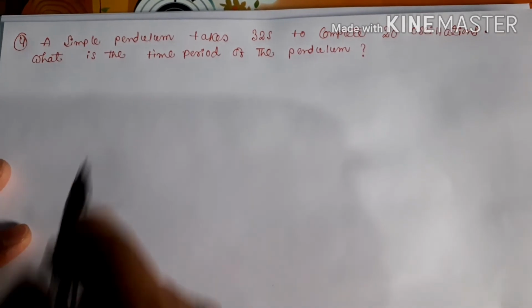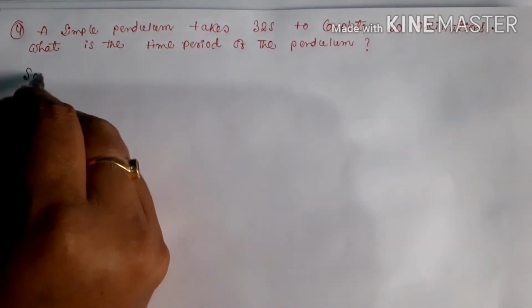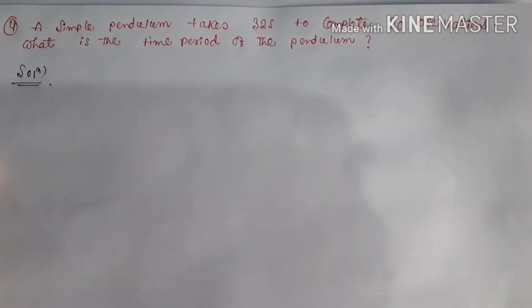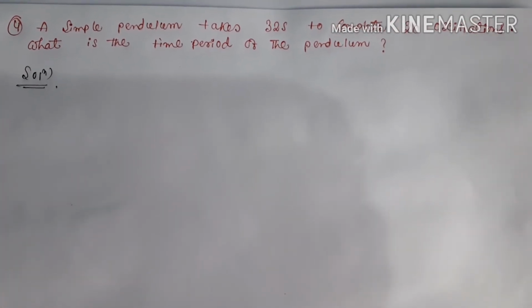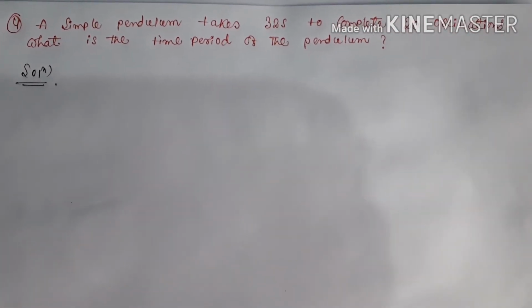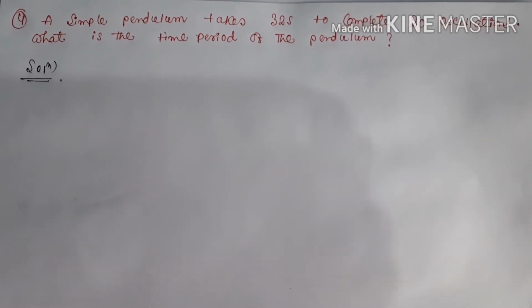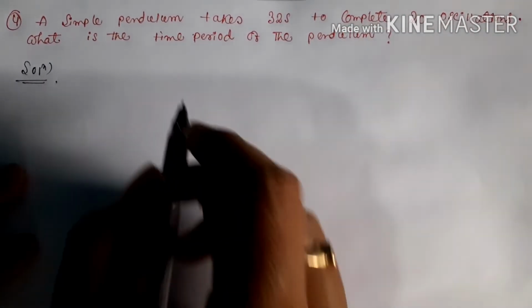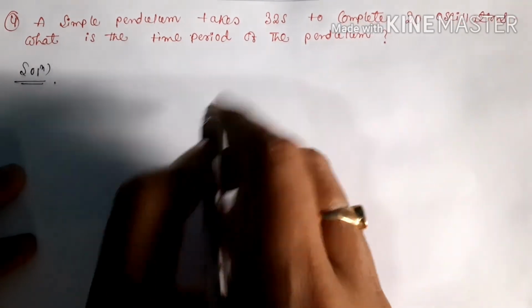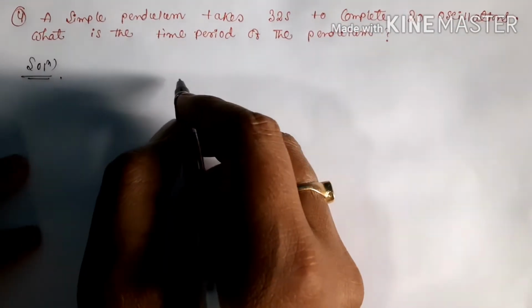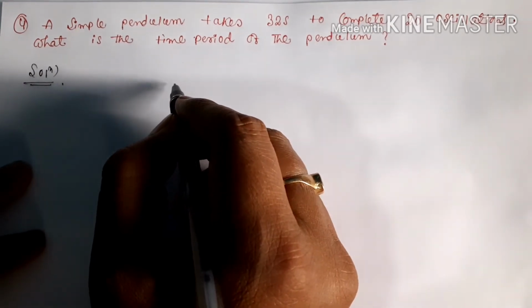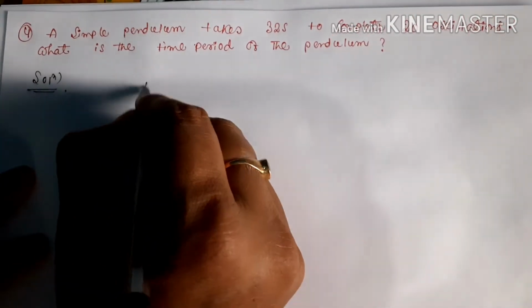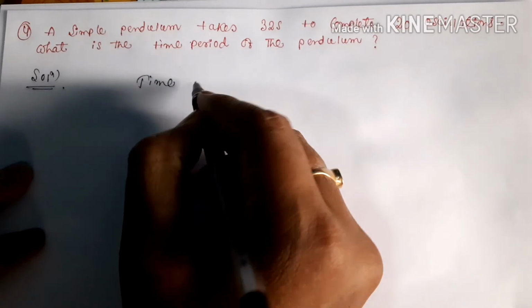To calculate the time period of the pendulum, what do we have to do? First of all, the time period of a pendulum means the amount of time taken to complete one oscillation. So we have to calculate here the time taken to complete 20 oscillations.